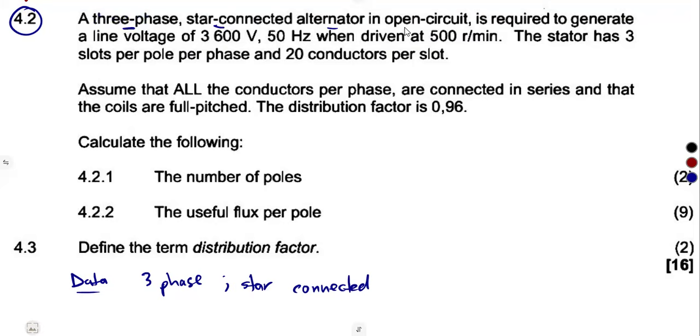3-phase. So this alternator in open circuit is required to generate a line voltage of, so there they've actually specified, our line EMF is 3,600. Whether they do not specify like this, you must know that the open circuit voltage that you're given is the line voltage, unless it is being stated otherwise.